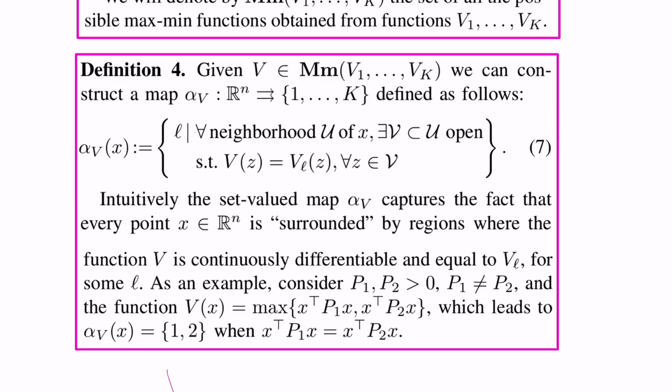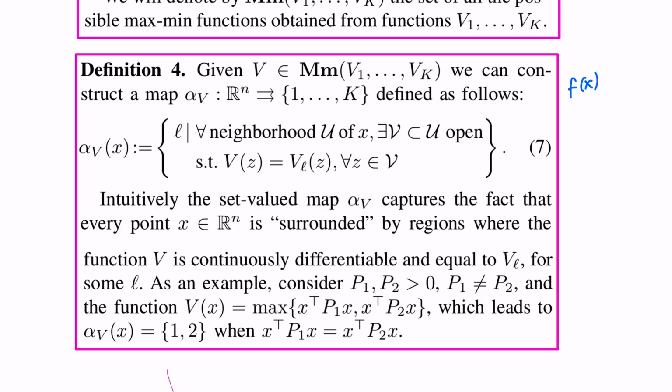We can construct a map alpha V here, and this is a nice thing to point out, and this is not a notation error. We have two arrows. Usually we are familiar with f of x, for example.